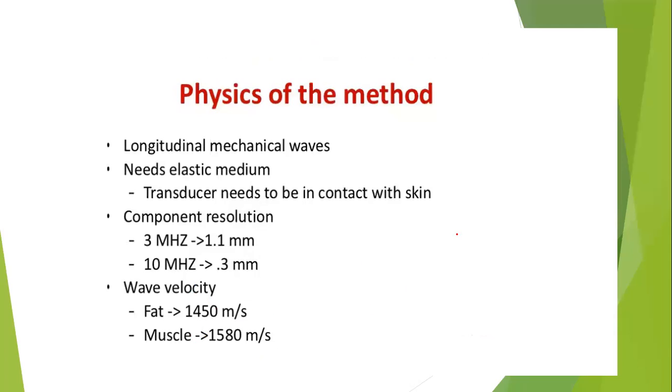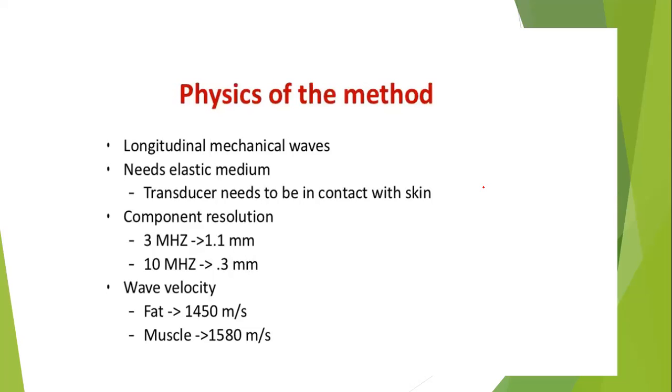Some physics of the method: longitudinal mechanical waves, and this needs an elastic medium, which is the transducer, right? Which is part of the equipment. We actually have a lot of shapes of transducer, and each one of the shapes is related to some specific structure. Okay, so there's an abdominal transducer, a cardiac transducer, an eye transducer, a soft tissue transducer.